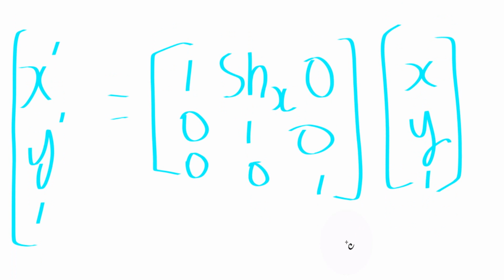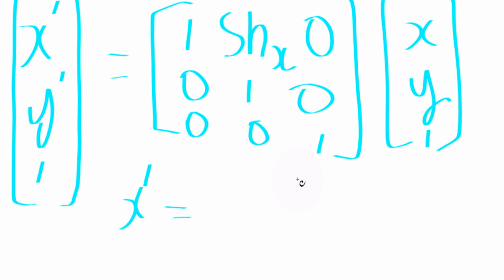Now let's just stick to our shearing, right? So this is the formula for shearing, and we get x dash equal to, let us look at the diagram, x plus y into the shear factor.